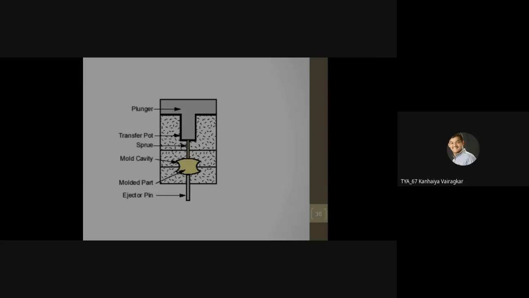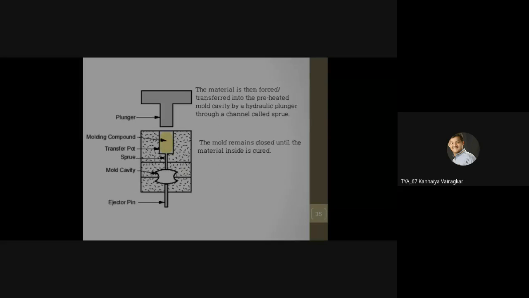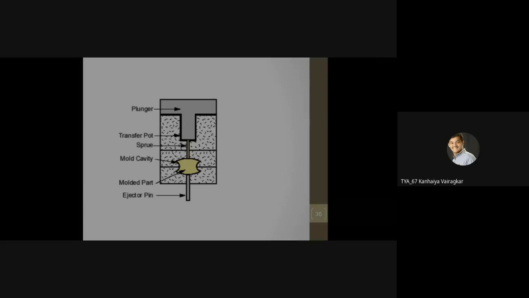Now when you push the plunger, mostly a hydraulic plunger or ram, this material is transferred from the transfer pot to the sprue, and from the sprue to the cavity. So it travels from transfer pot, sprue, and then mold cavity. Simple thing, get the idea. It was here in the transfer pot, and in the second figure, see here, it is transferred to the mold cavity.